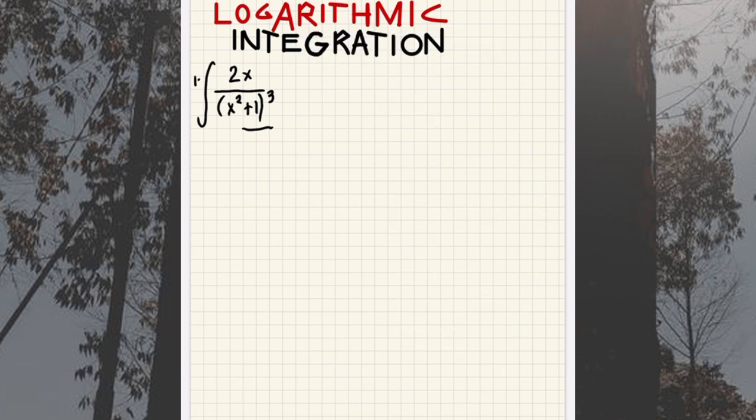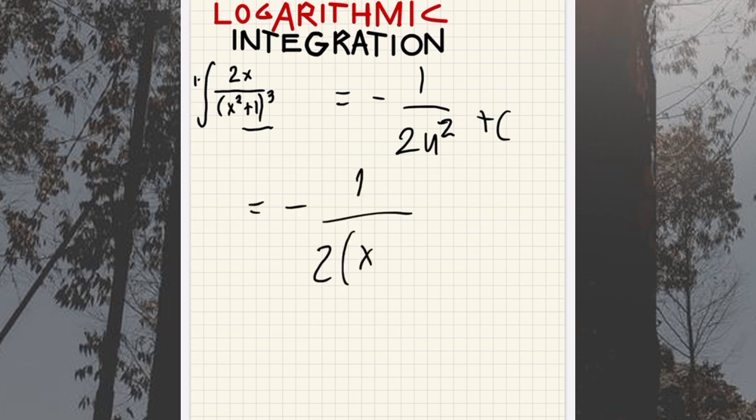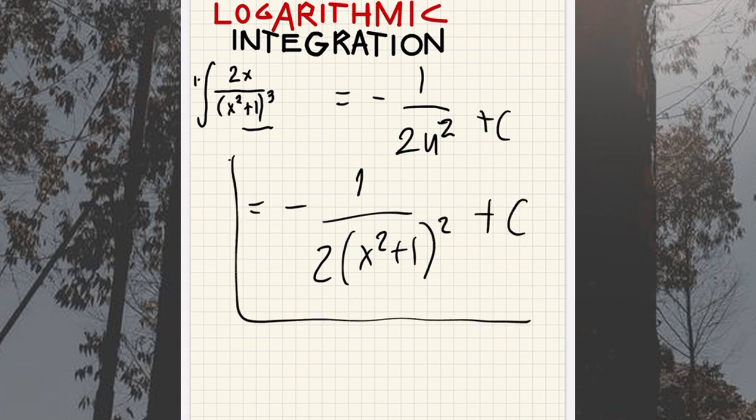So the answer will be negative 1 over 2u squared plus c, and substitute back the value of u, which gives negative 1 over 2 times x squared plus 1, squared, plus c. So this is now our final answer.